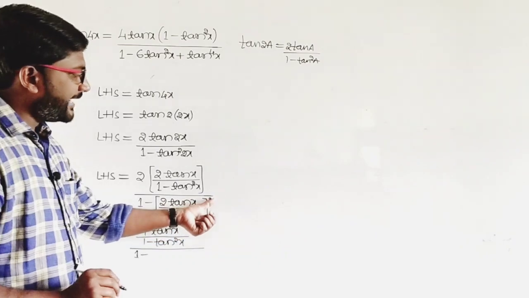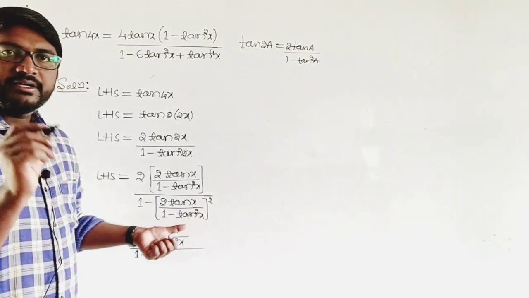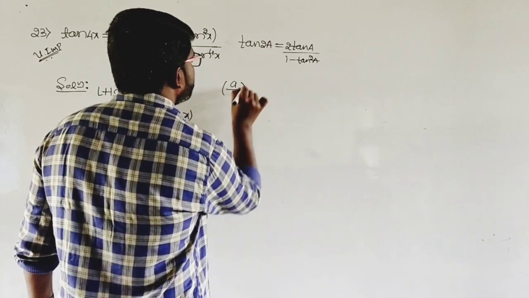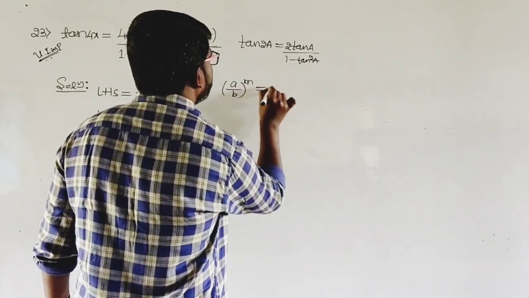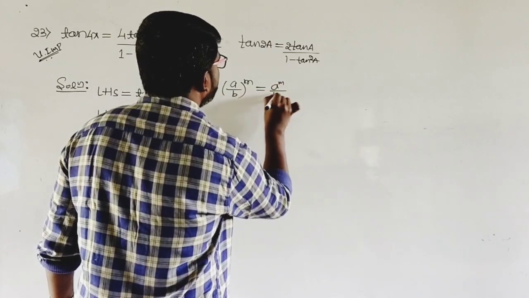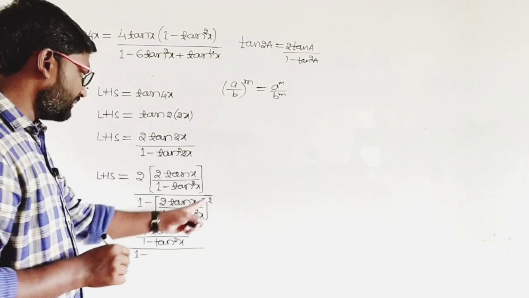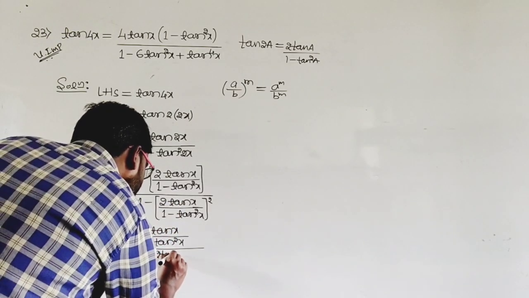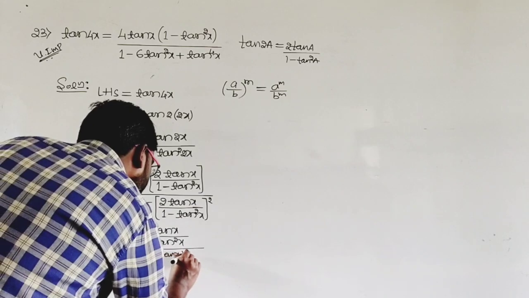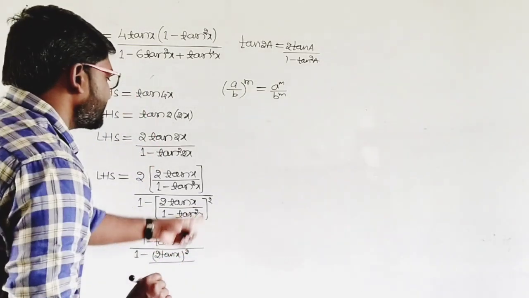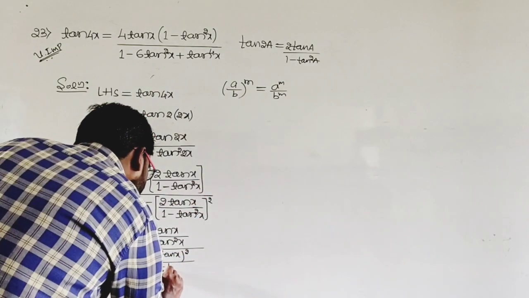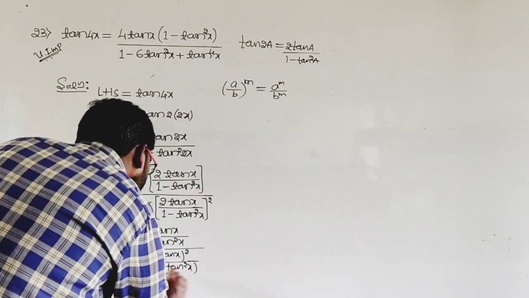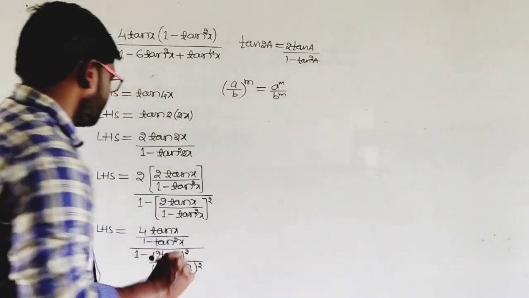Here the square applies to the numerator as well as to the denominator. It is in the form of a by b whole raised to m. A by b whole raised to m means a raised to m divided by b raised to m. The square must be applied to the numerator, that is 2 tan x the whole square, then divided by 1 minus tan square x the whole square. Is that clear?